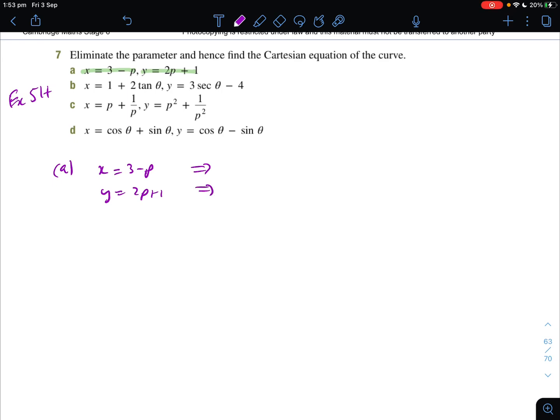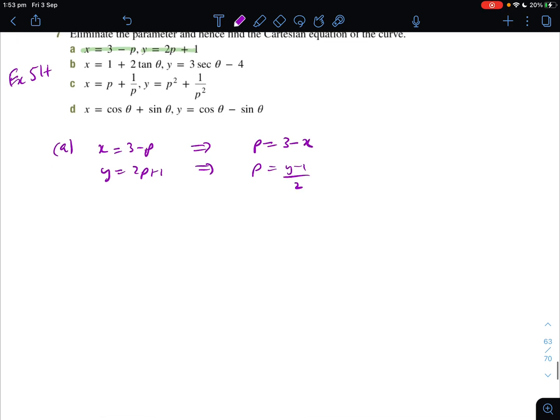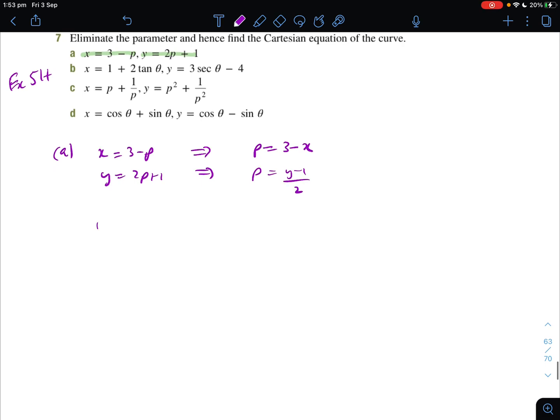In this case, one of the easiest ways to do it is to rewrite the equations where p is the subject of the formula and then equate the p expressions.